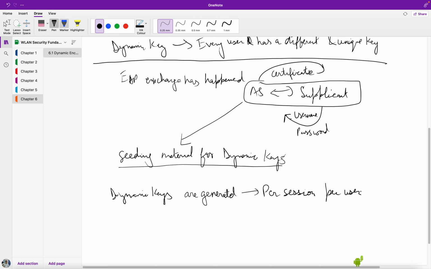So these keys are generated per client per session. Every time a client authenticates, it generates a next set of keys so that they are not used again. So this is a brief about dynamic encryption keys.